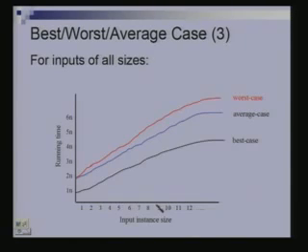For each input size, suppose I could figure out what the worst case, best case and average case were, then I would get such monotonically increasing plots. Why is that? It's clear that as the size of the input increases, the time taken by your algorithm will increase. It's not going to happen that your input size becomes larger and it takes less time.